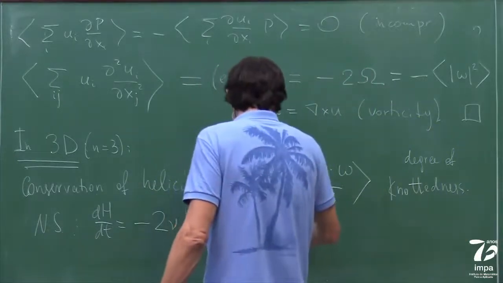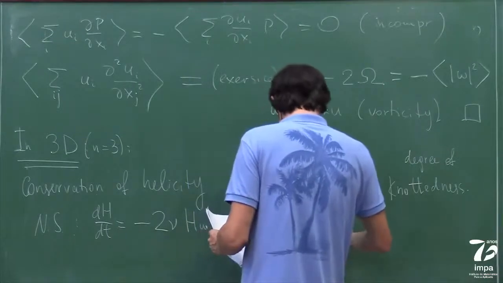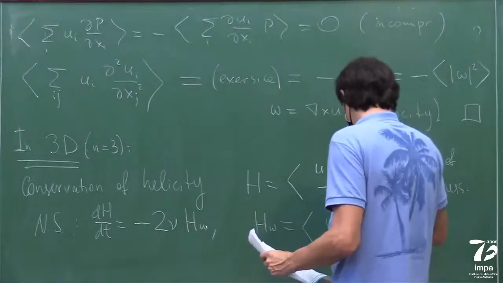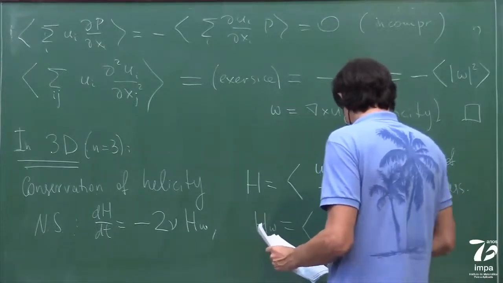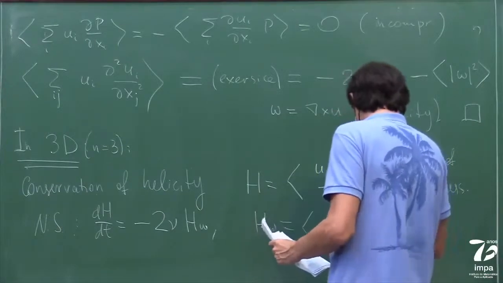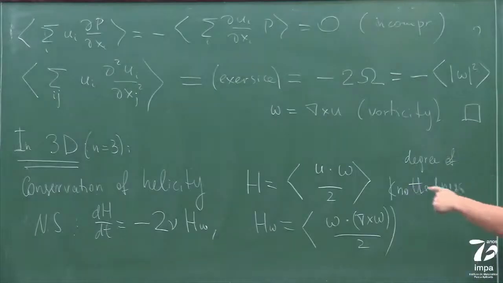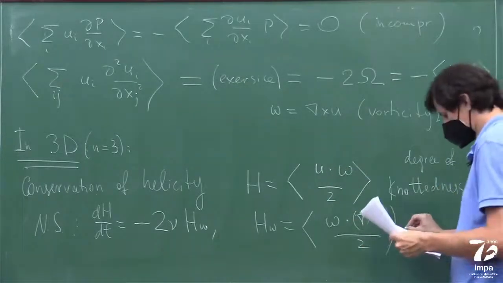So HW is the mean of omega, so vorticity, times the curl of vorticity, over 2. So you see, it's essentially the same formula, but where you substitute velocity by vorticity. So it's called vortical helicity.